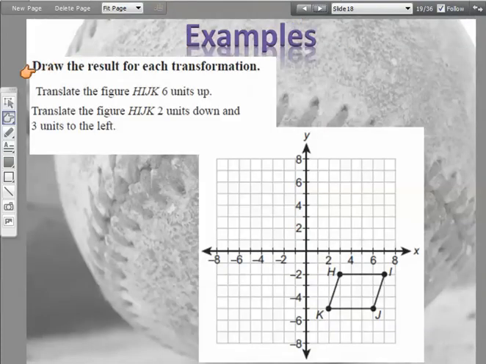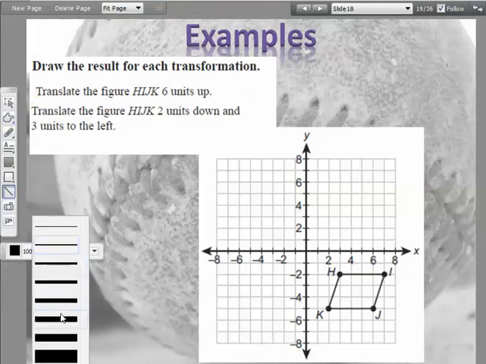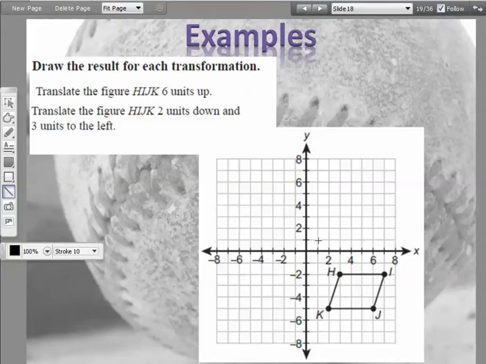Okay, this one says draw the result for each transformation. The first one says translate the figure HIJK 6 units up. Well, I'm going to see if I can do something here. I just thought of something. Okay, so if I'm going to go 6 units up, I'm going to go 1, 2, 3, 4, 5, 6.